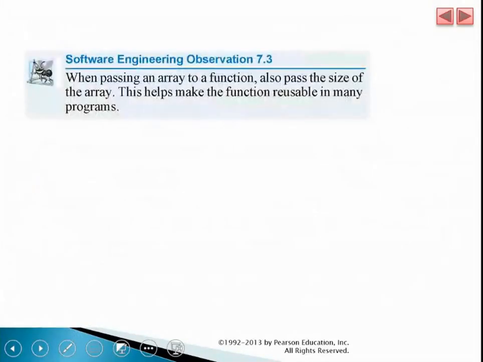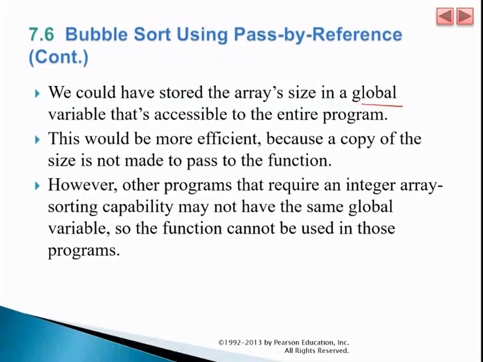Now you can say that this could be a global variable. The size could be a global variable, and it could be accessed by all the functions that are written in this file. But if you do so, then it may happen that software reusability is of no use, because you are defining the global variable in one file.